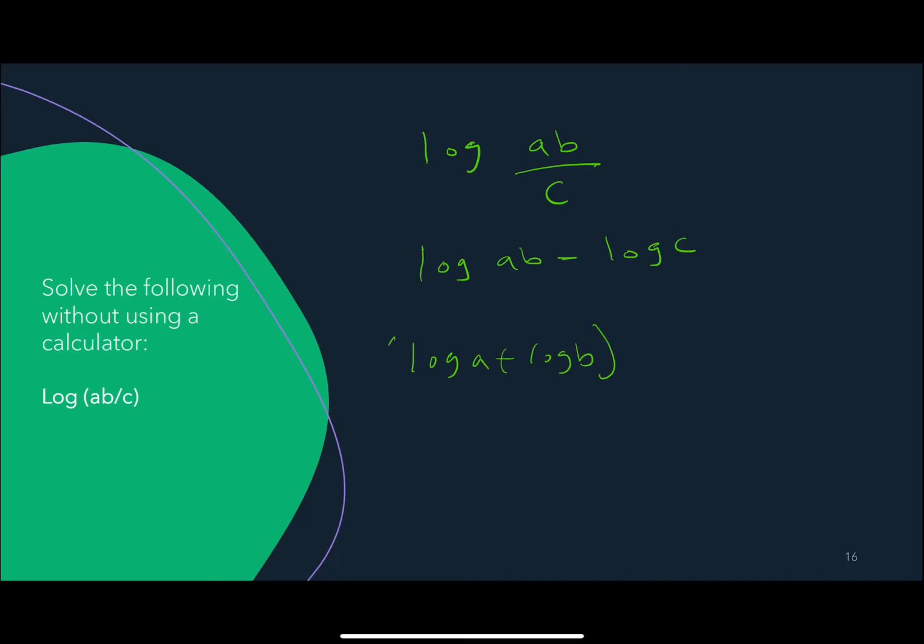That will be the answer for this question. You could break it further, because you could say log a plus log b, and then minus log c. So that will be the final answer. So either way, you could stop at this point or carry on.